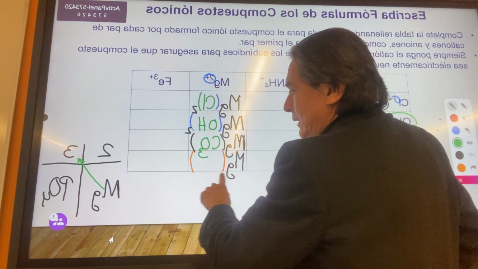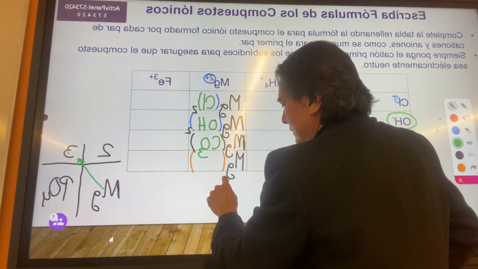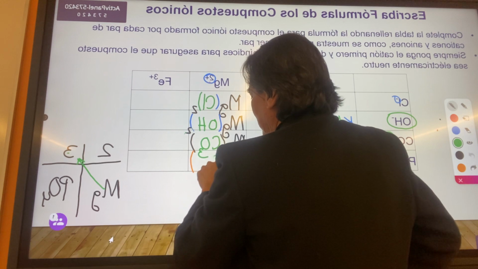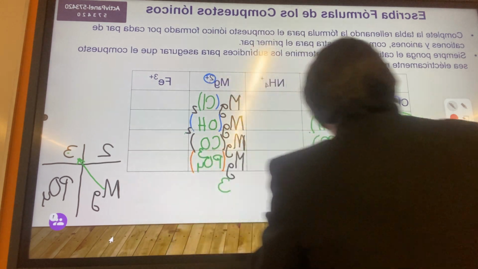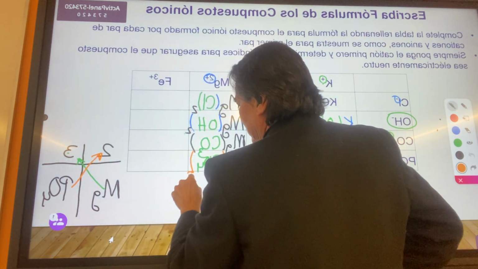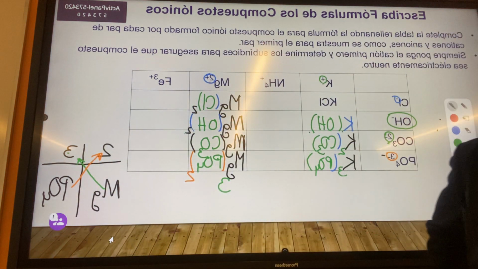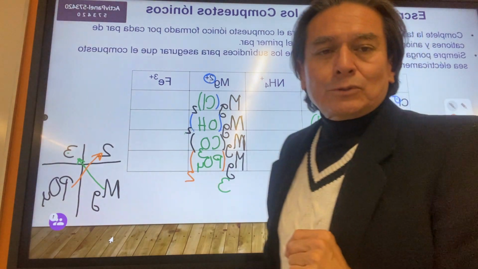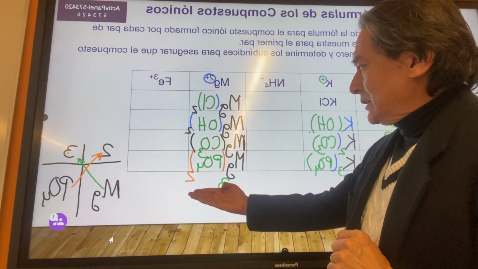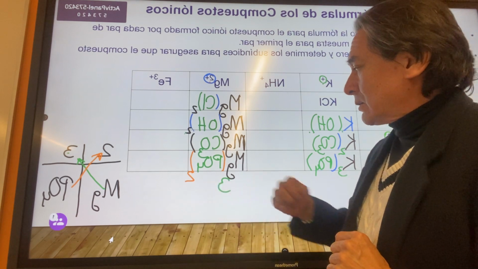So it's going to take 3 magnesiums, right? Let's write the phosphate here. And 2 phosphates. To give you this neutral ionic formula.